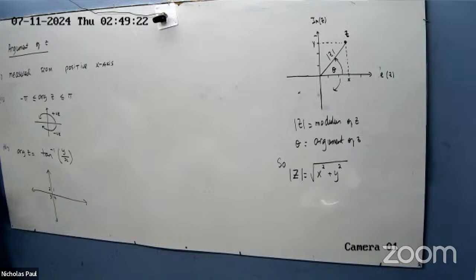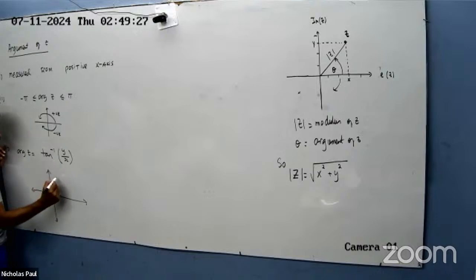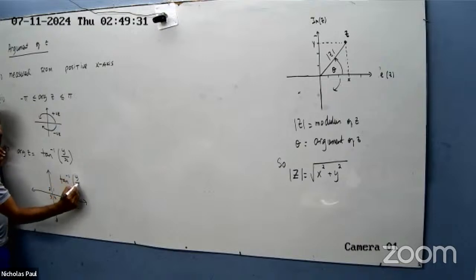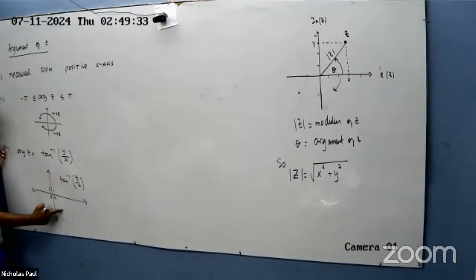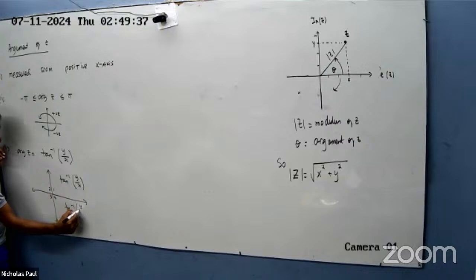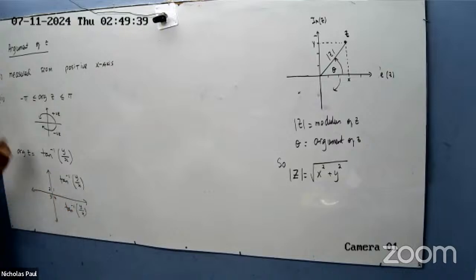So the formula has to change slightly. When in the first quadrant, the argument is tan inverse y on x. When it's in the fourth quadrant, it is also tan inverse, and I'll show you why just now when I give you some numbers. But in the first and fourth quadrant, this works nicely.